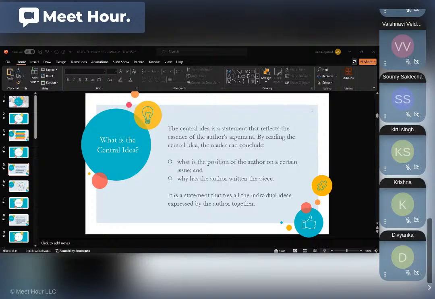If you look at this Venn diagram, the author might give you idea one, idea two, idea three. You need to find an option which ties all these three ideas together. And that's your central idea, right? It will make more sense when we do questions. But I hope I'm clear so far.